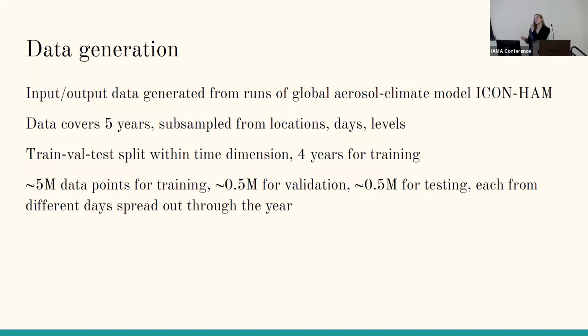So here the training, validation, and testing, we split into years to see if there's some sort of generalizability. So the first 4 years are used for training, and then for the offline evaluation, we split the last year into validation and testing.